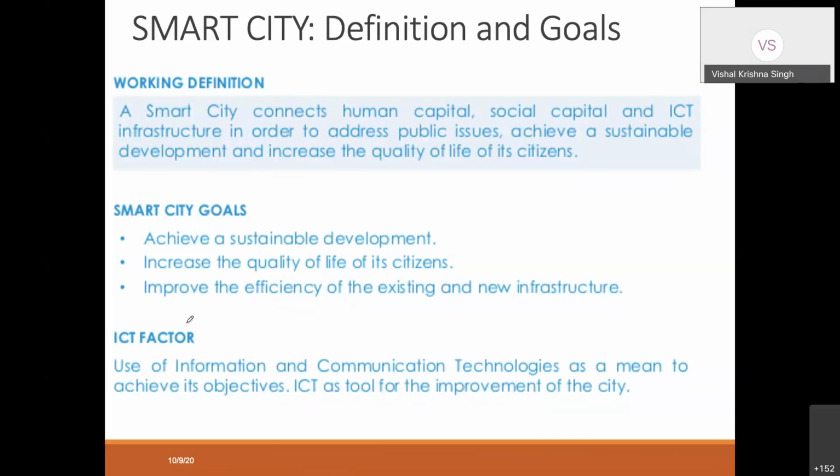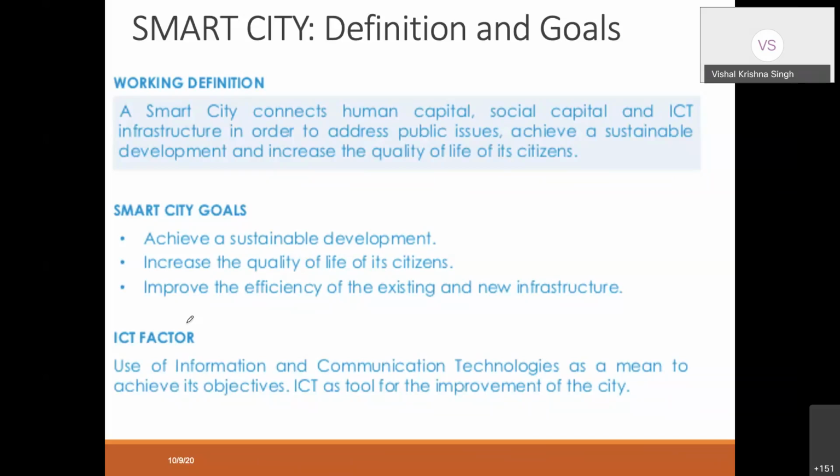Now, in order to cater to the fundamental needs of any city, what are the basic necessities of any city? These are clean water, clean surroundings, clean habitat, and all such issues which are not very complex, and which should be considered while planning a city.